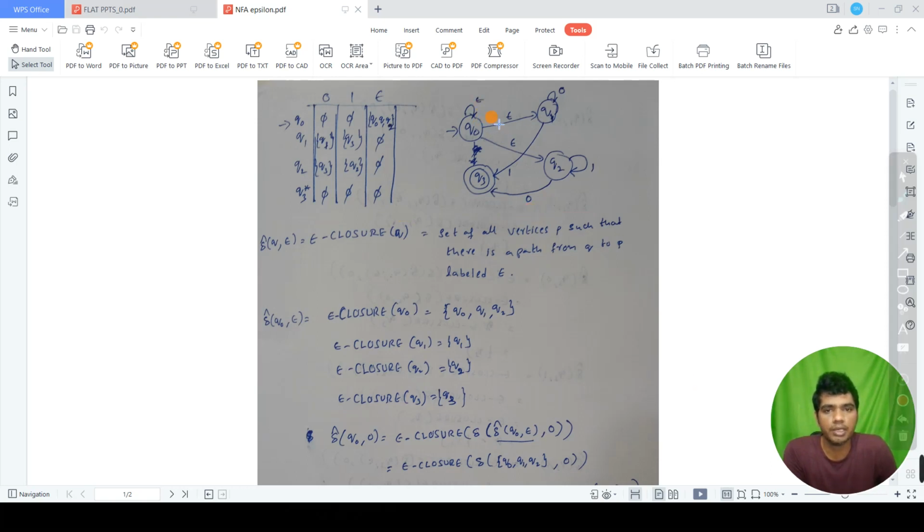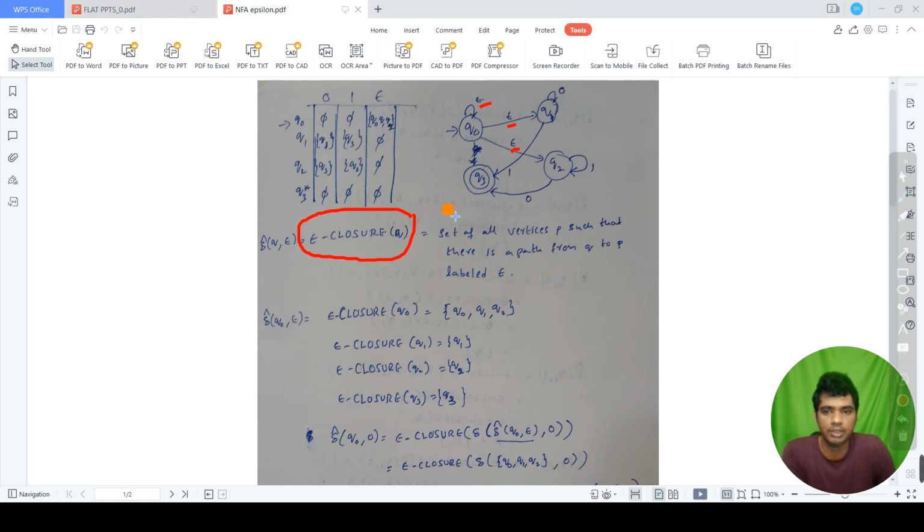Here, if you see, there are transitions with epsilon input. This is one transition with epsilon input, this is another one, this is another one, three are there.